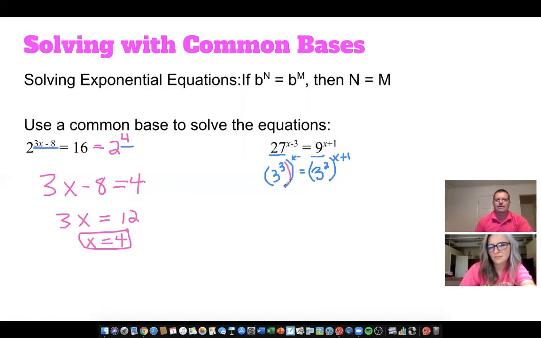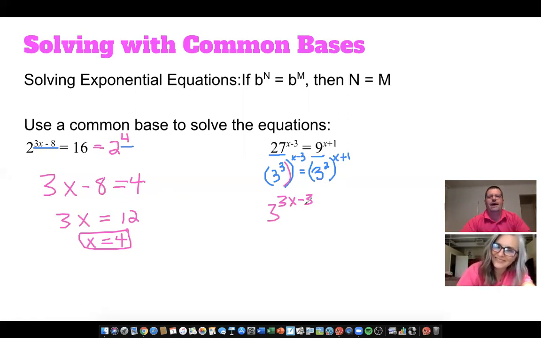Now what do I do if I have a power to a power? Well, we talked about that in the power rule before. I'm going to have 3 to the 3x minus 9. Yeah, I did that on purpose.